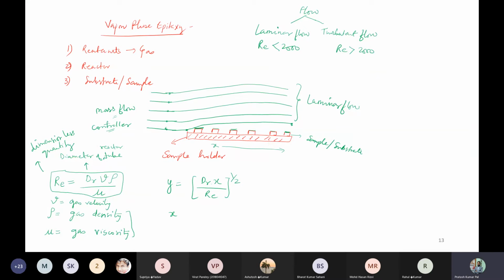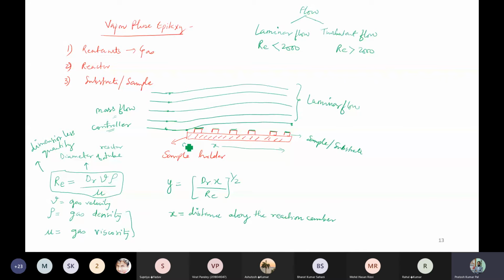So this x is given by the distance along the reaction chamber. Along this reaction chamber there is a length going from one end to the other, from 0 to the maximum, where x will be maximum here.